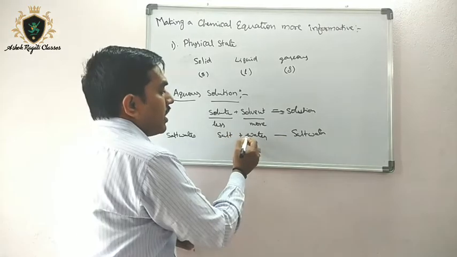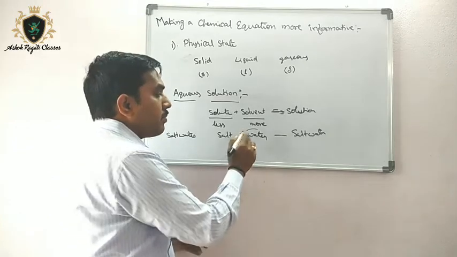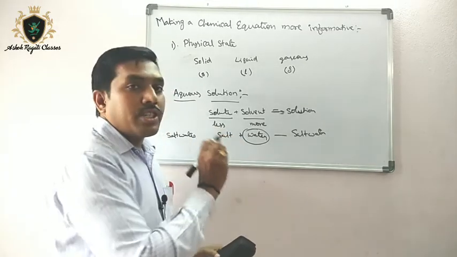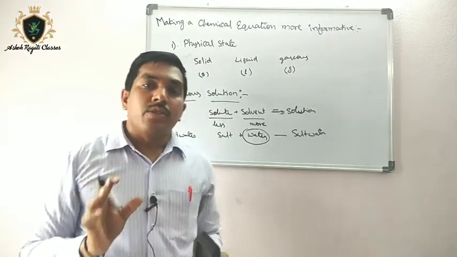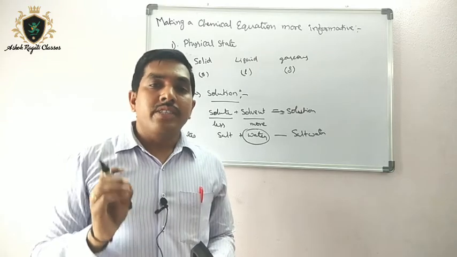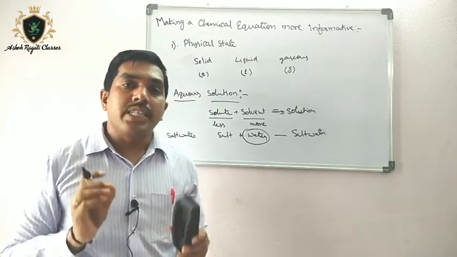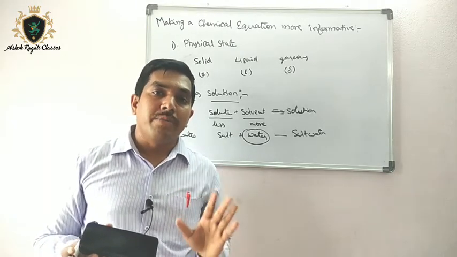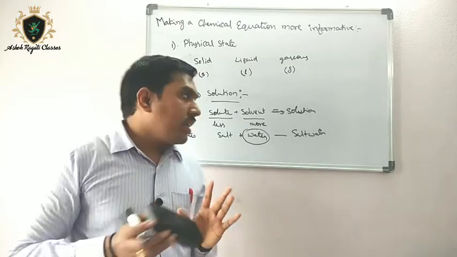If any solution is made up of water as a solvent, that solution is called an aqueous solution. An aqueous solution is a solution in which the solvent is water. Very important question, you may get a 2 marks or 1 mark question: what is an aqueous solution? An aqueous solution is a solution where the solvent is water.